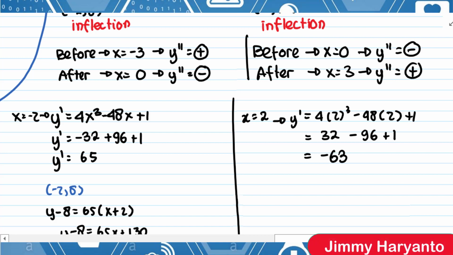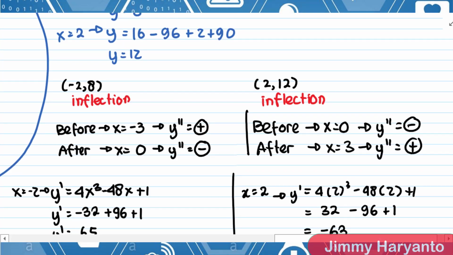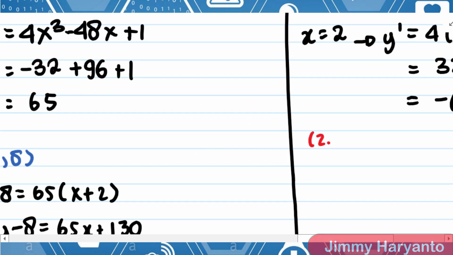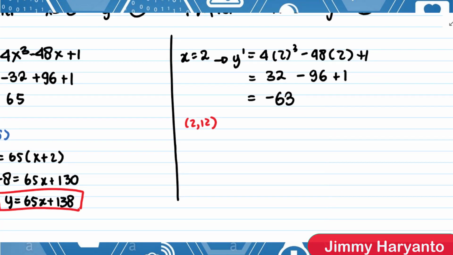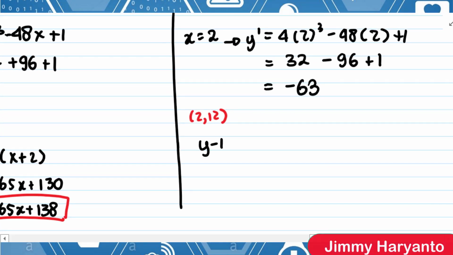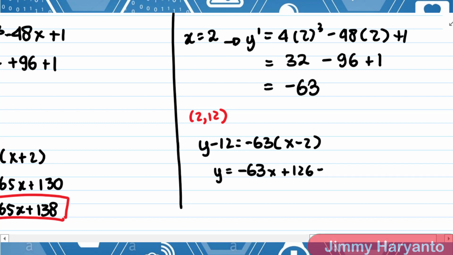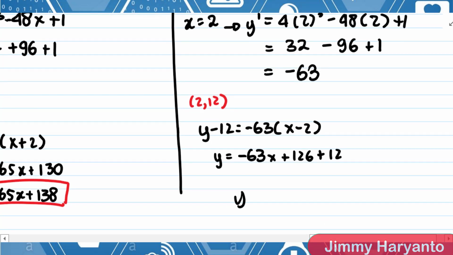Okay, next is using the point (2, 12). We can find the line y minus 12 equals negative 63 times x minus 2. So you have y equals negative 63x plus 126 plus 12. So y will be negative 63x plus 138.